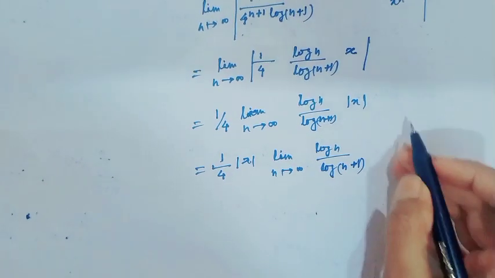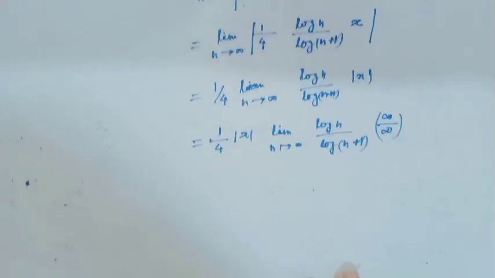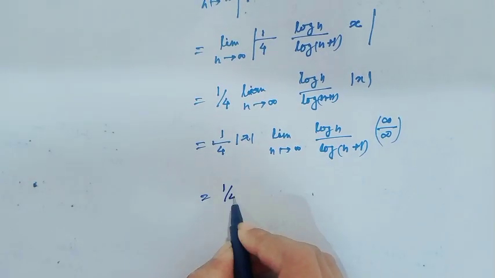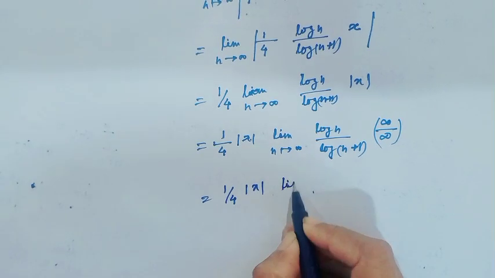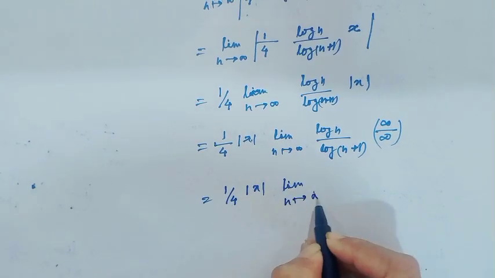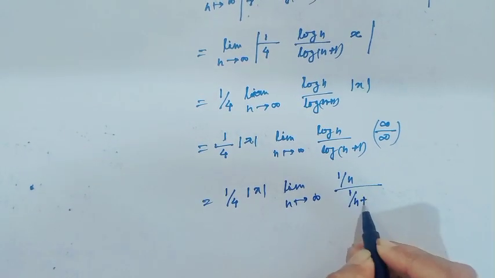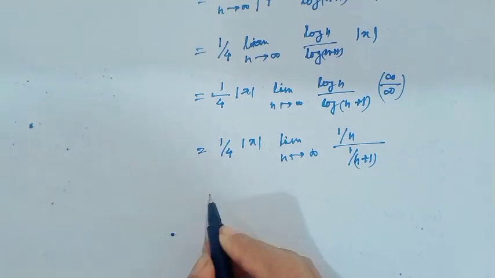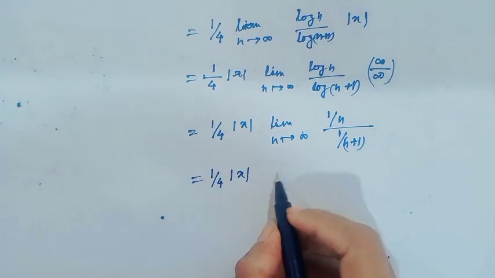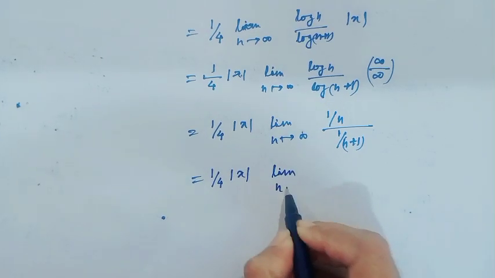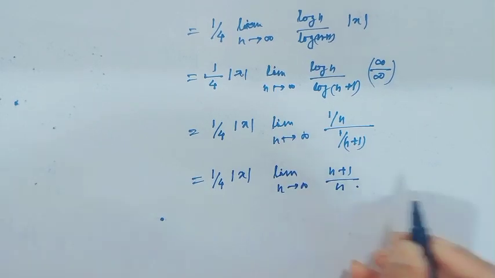Here I will apply L'Hospital's rule, infinity by infinity. For this, 1 over 4 absolute value of x, limit n goes to infinity of 1 over n over 1 over n plus 1. This implies 1 over 4 absolute value of x, limit n goes to infinity of n plus 1 over n.